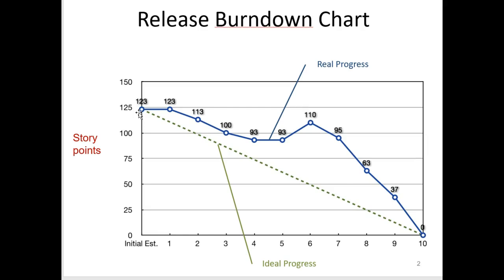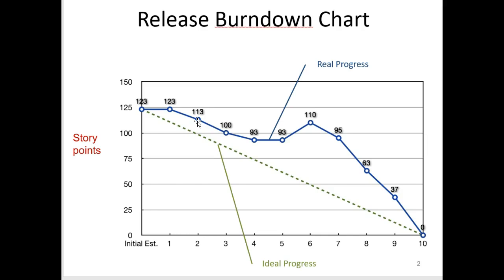However, in reality things are not that even. So here you look at the first day, 123 is still 123. Maybe during that day you're spending a lot of time on planning. Then you go to 113. That's 10 story points burned.